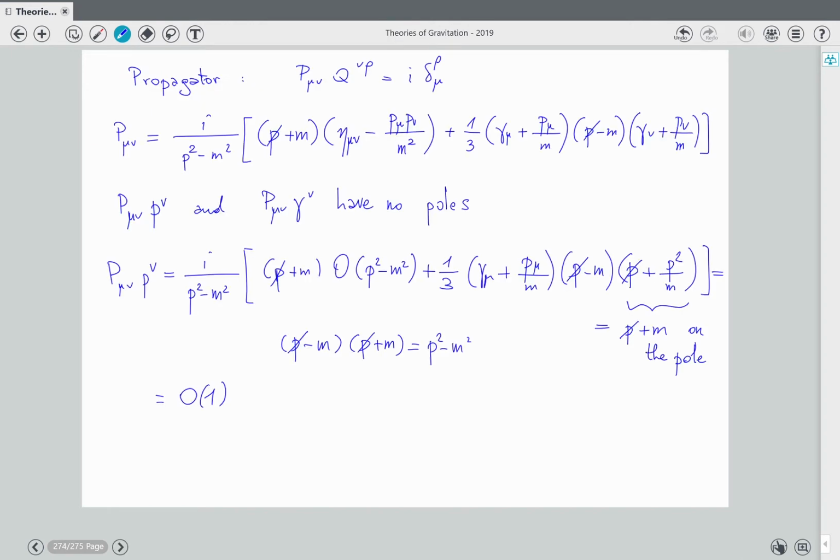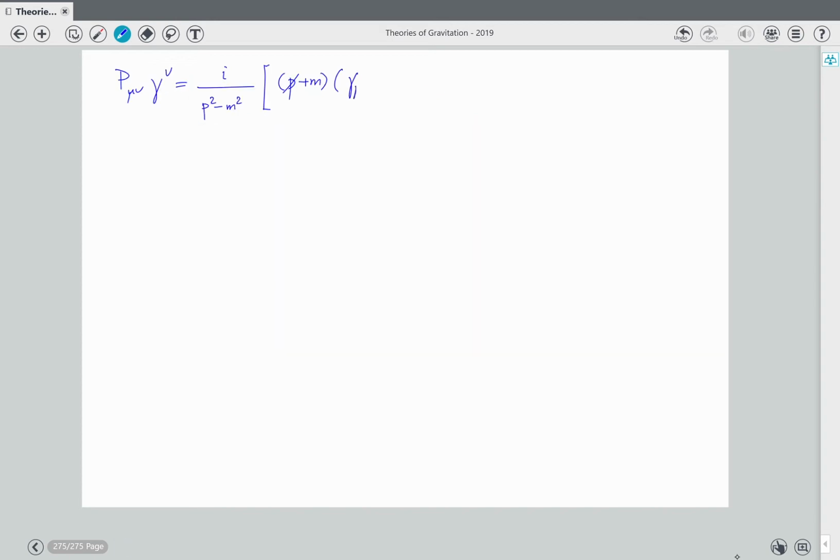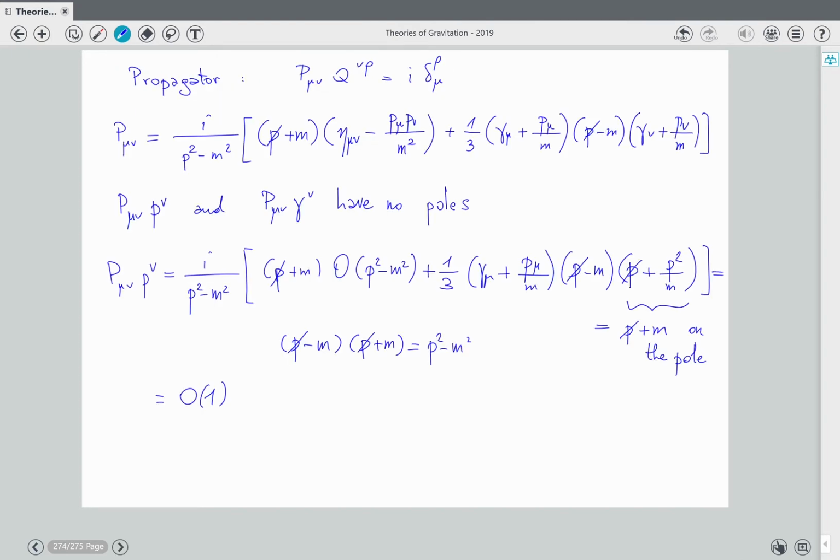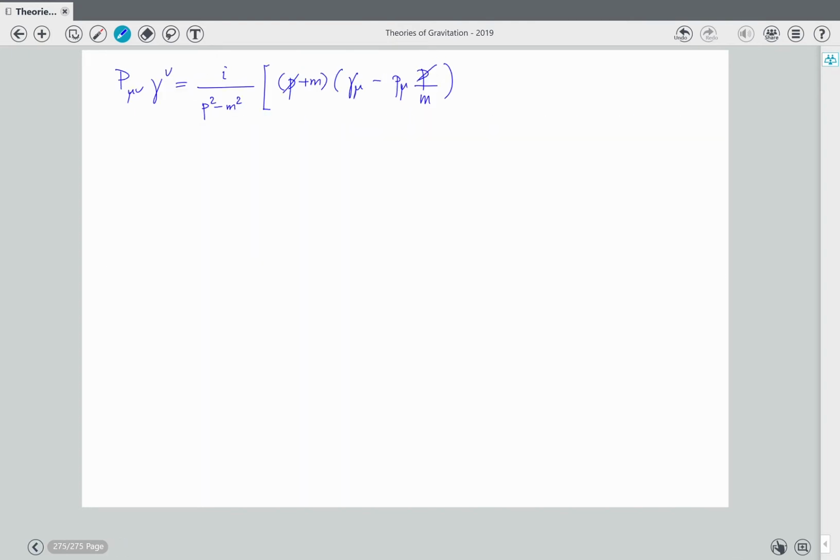So gamma mu here gives gamma mu minus p mu p slash divided by m, plus m squared.